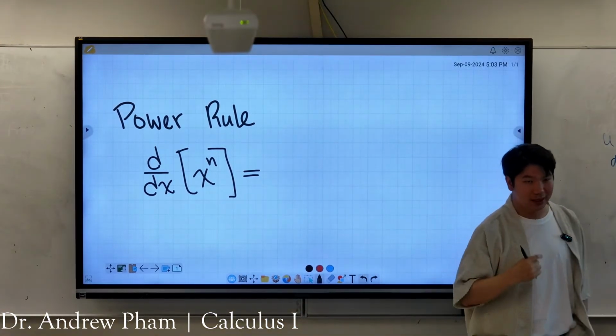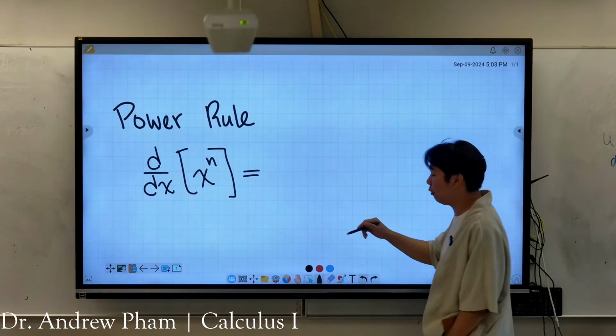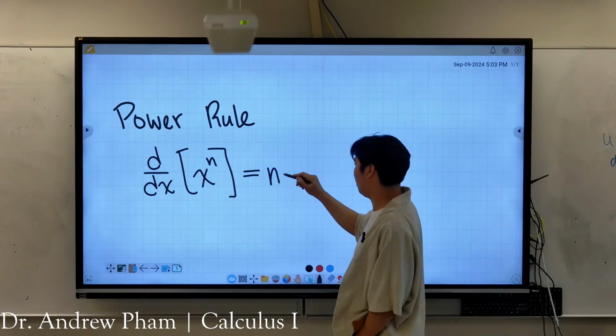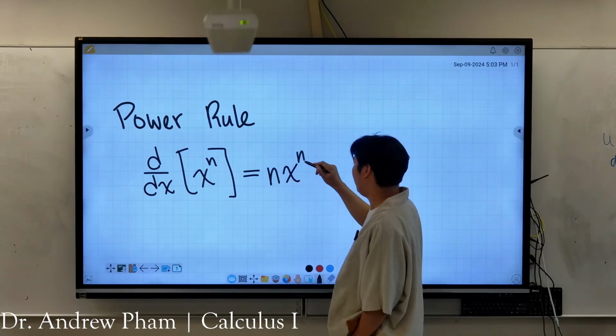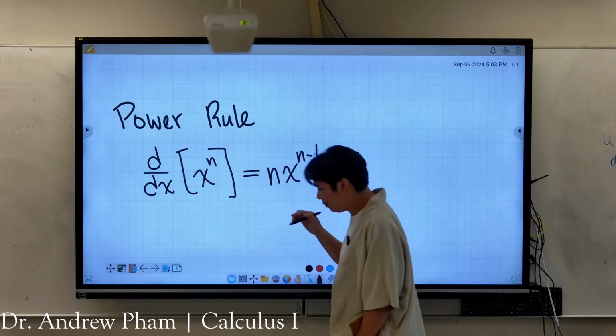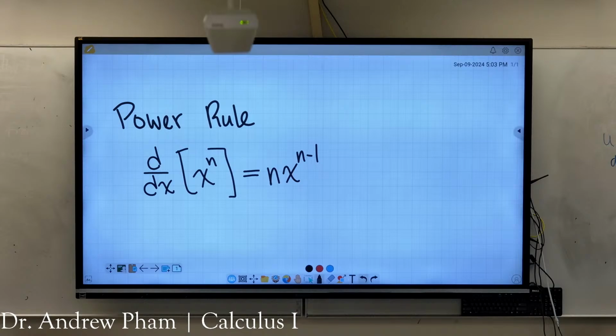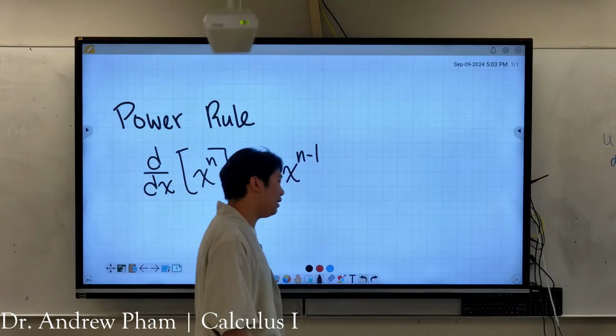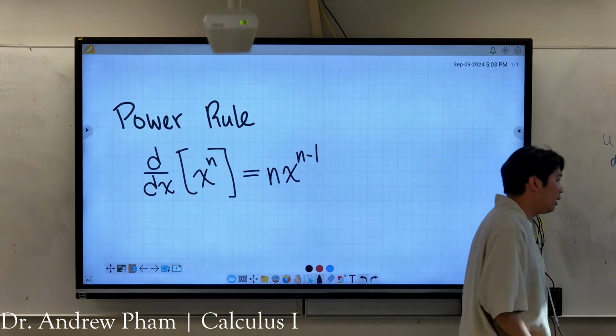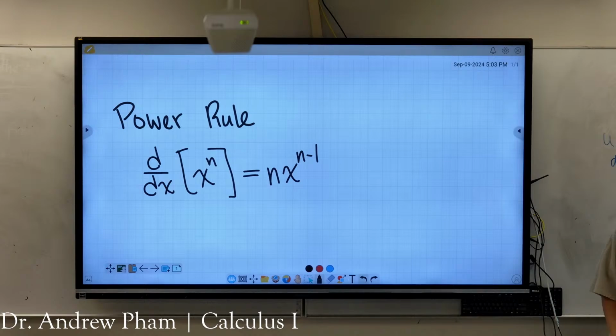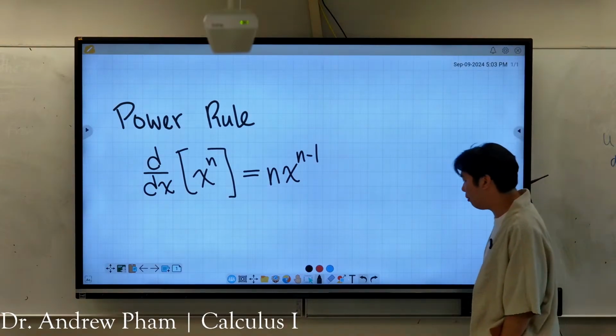What did the power rule say it was? Yes. The derivative of x to the n power is n times x to the n minus 1. Or, as you'll commonly hear me say, we'll bring down the exponent power and then reduce the power by 1.